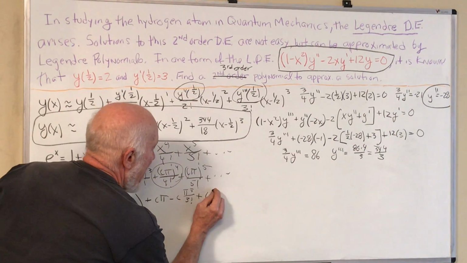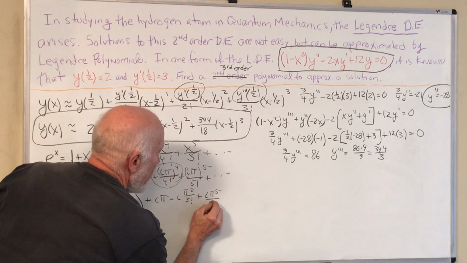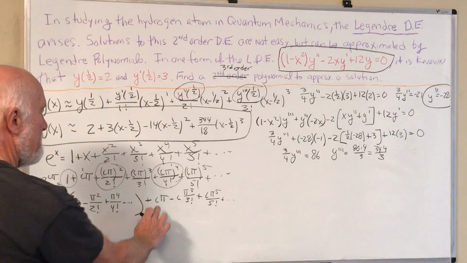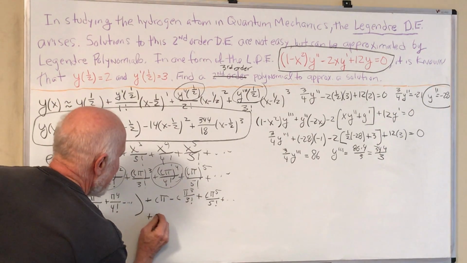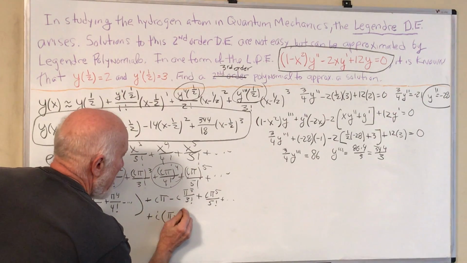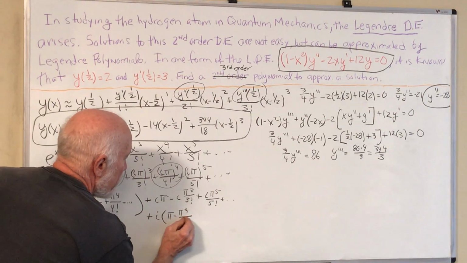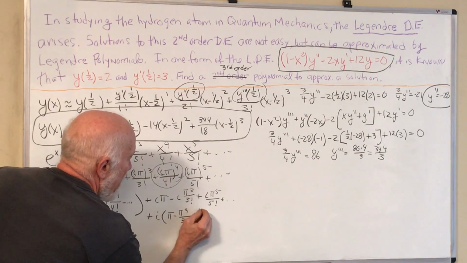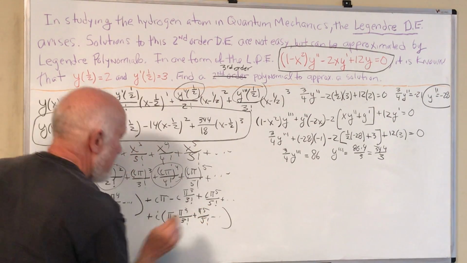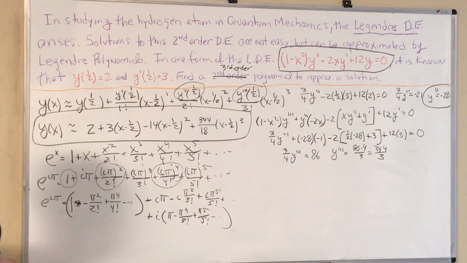So you have I pi to the 5th over 5 factorial. And then it keeps going. Well, I can factor out an I. And what do I get? Pi minus pi cubed over 3 factorial plus pi to the 5th over 5 factorial. And I'm almost there.